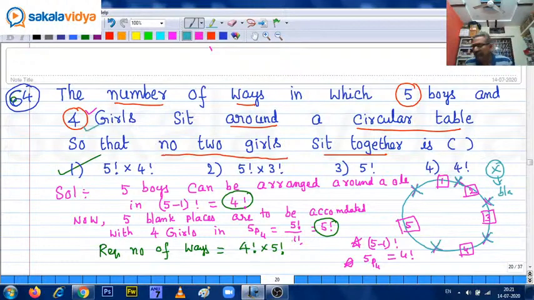That can be done in 5p4 ways. So that's why I have written 5p4. 5p4 is equal to 5 factorial upon 5 minus 4 factorial, which is 5 factorial by 1 factorial. So that is 5 factorial. Okay.